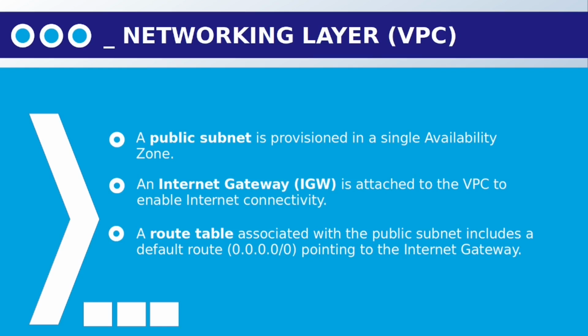This rule is what makes the subnet public. Without this rule, even with a public IP, even with an internet gateway, the instance would not be reachable.